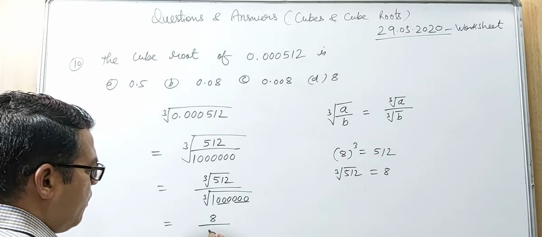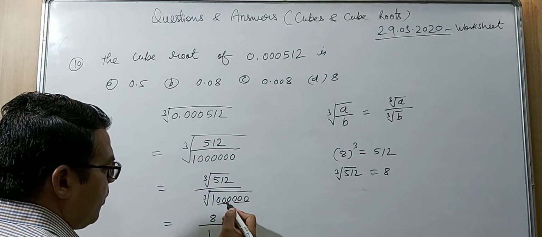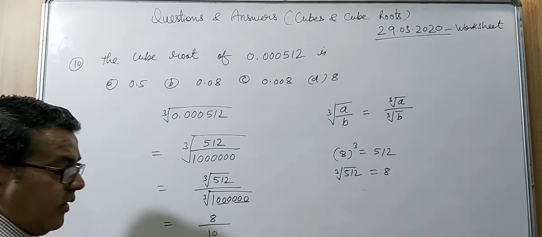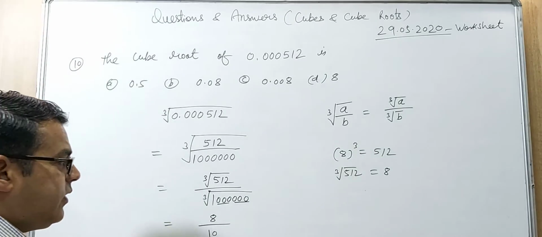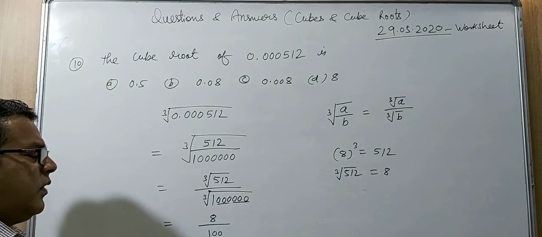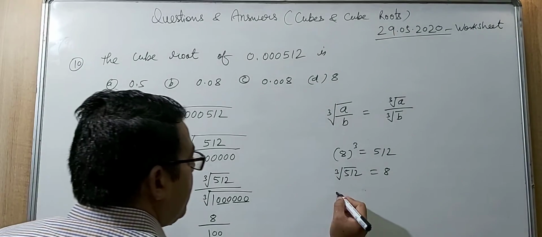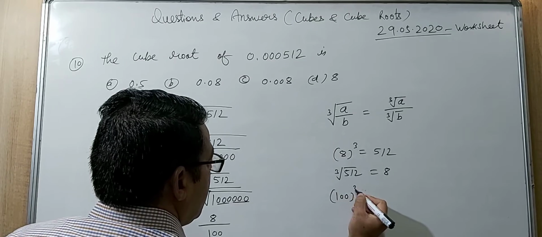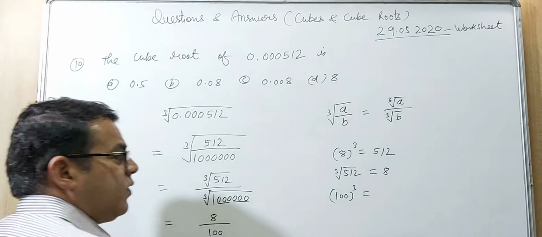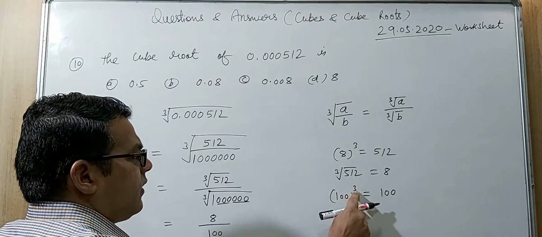So 1, we know that the cube root of 1 is 1, and from each triplet of zeros we can take one 0. It means if we cube 100, we write 100 and multiply it 3 times.